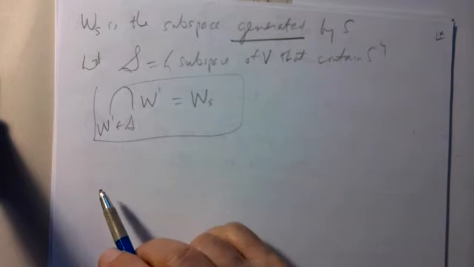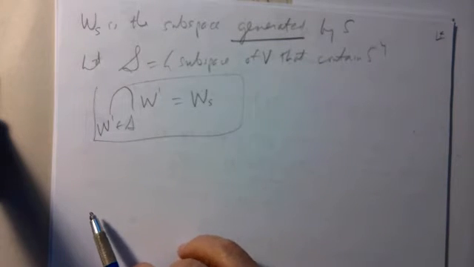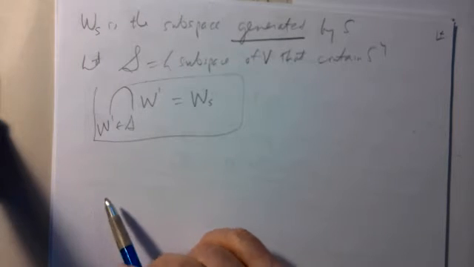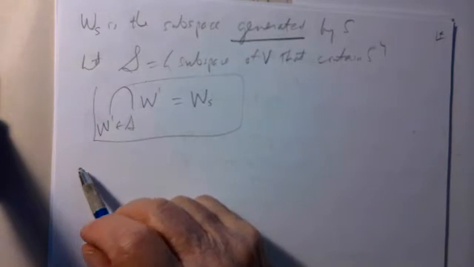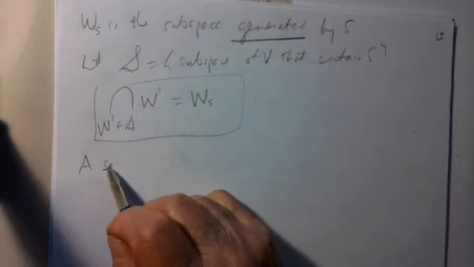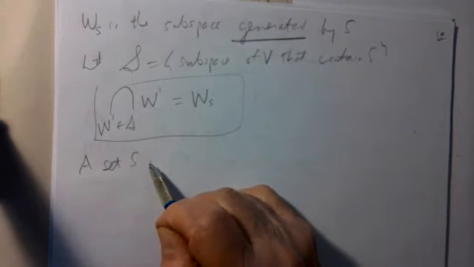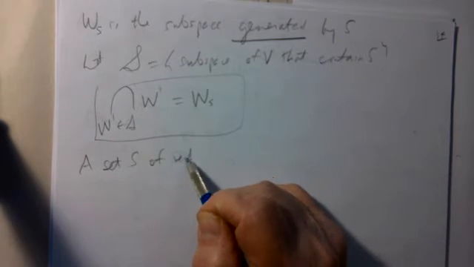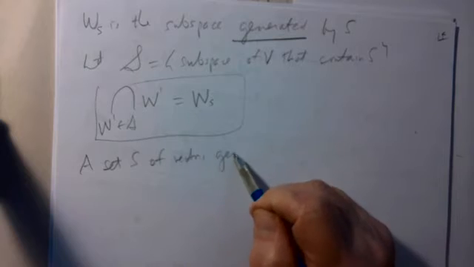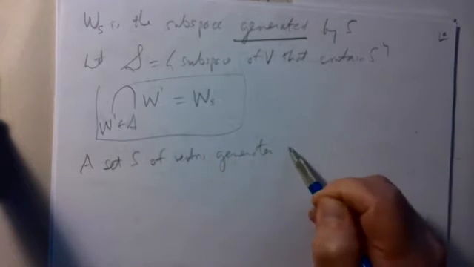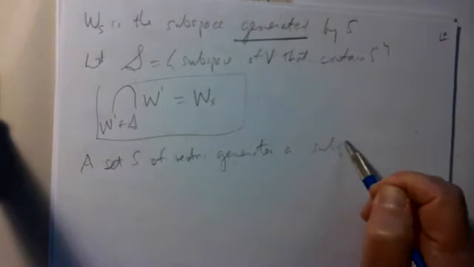So we have two important notions. We have the idea that a set S of vectors generates a subspace.